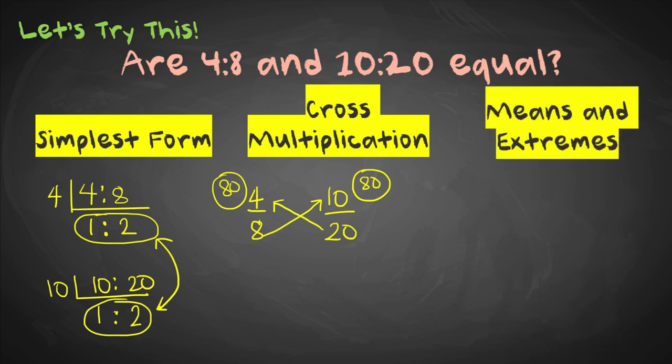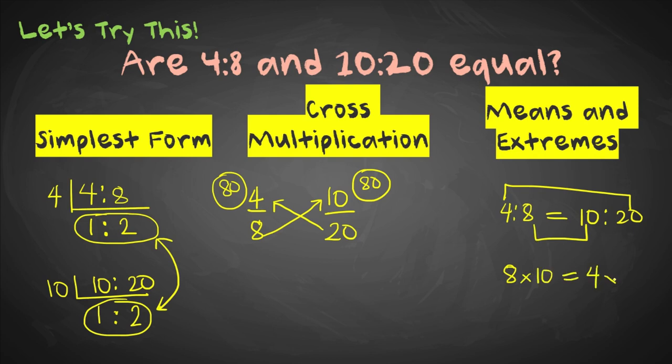And lastly, we have the means and the extremes. So, we have 4 is to 8. Kung equal ba yan sa 10 is to 20. So, we have the means and extremes. 8 times 10 is equal to 4 times 20. Let's check. 8 times 10 is 80. 4 times 20 is also 80. So, they are equal.